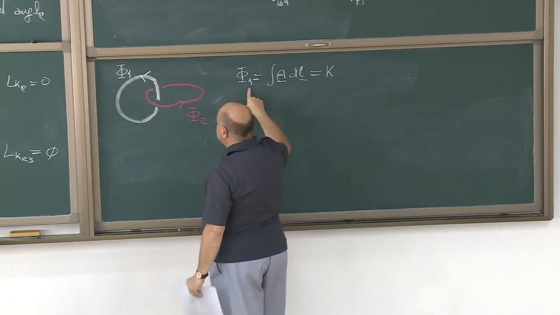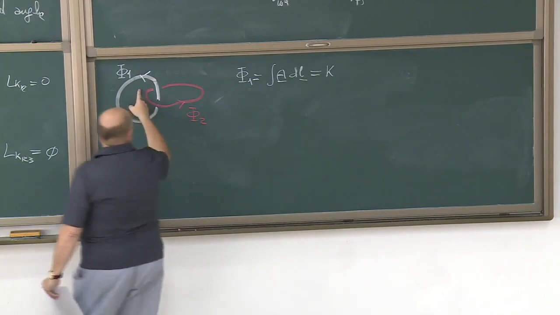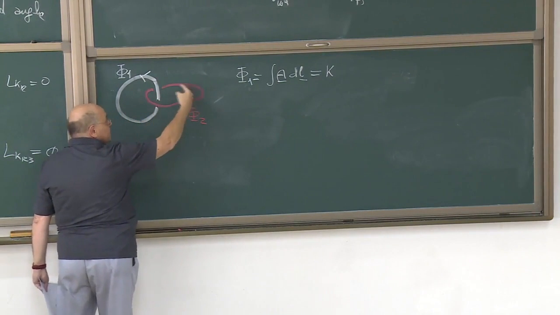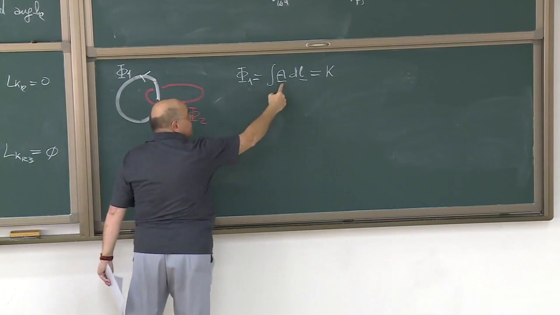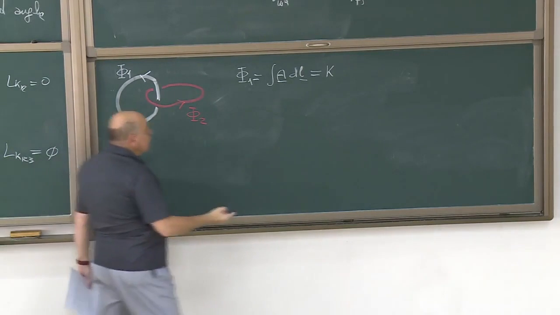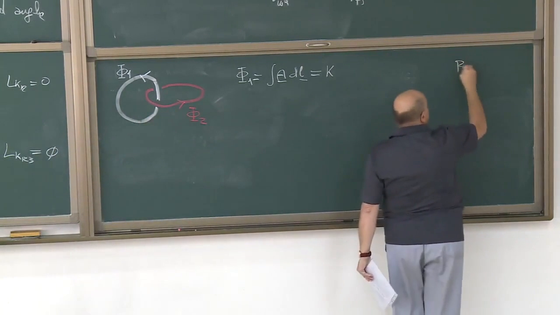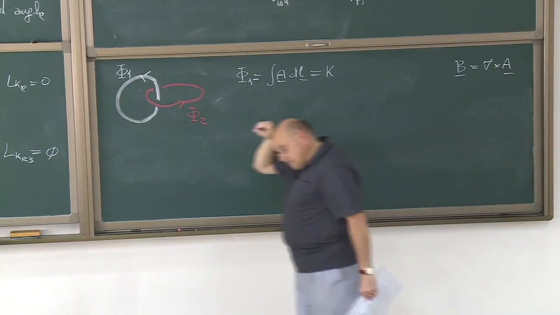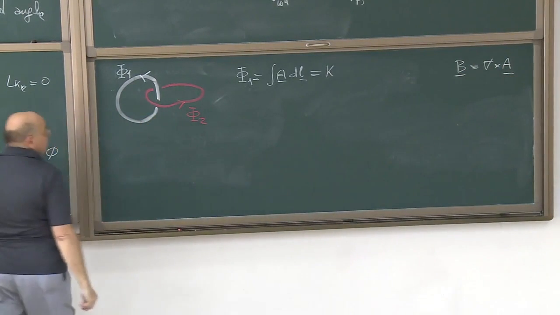But the phi 1, I can interpret as the circulation of A. Remember, the flux is B through a surface, right? But B, we talked about this, has a relationship with the vector potential.